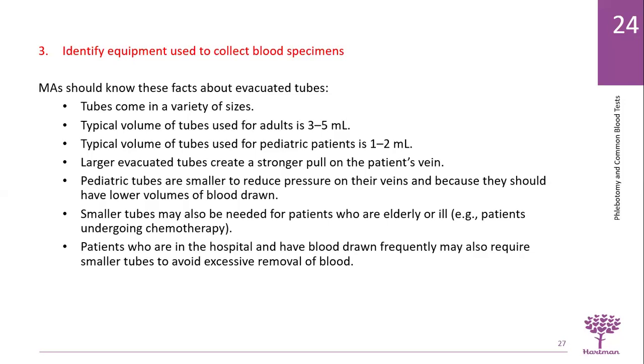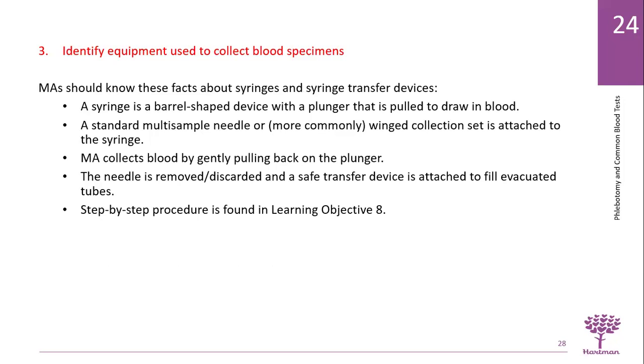Smaller tubes may also be needed for patients who are elderly or ill, for example, patients undergoing chemotherapy, and patients who are in the hospital and have blood drawn frequently may also require smaller tubes to avoid the excessive removal of blood, also called iatrogenic anemia, that could develop.